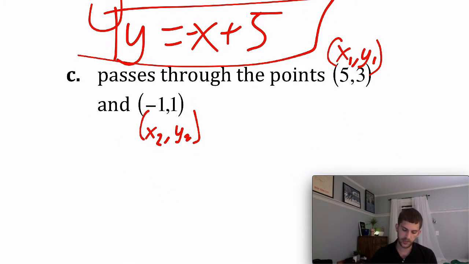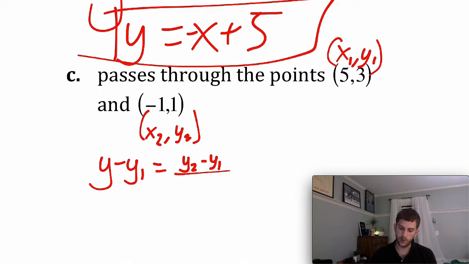Just to refresh on the equation, it's y minus y1 equals y2 minus y1 over x2 minus x1, and remember, that part's just the slope, times x minus x1.